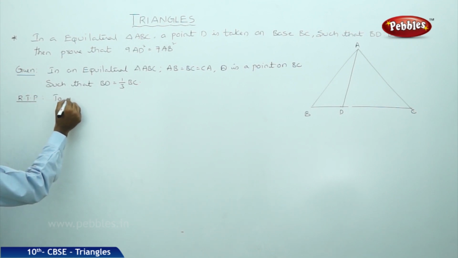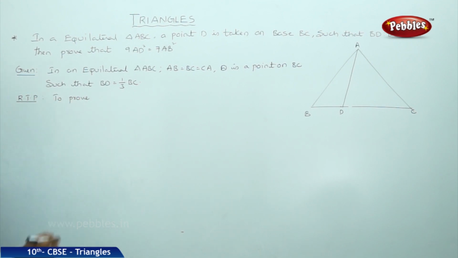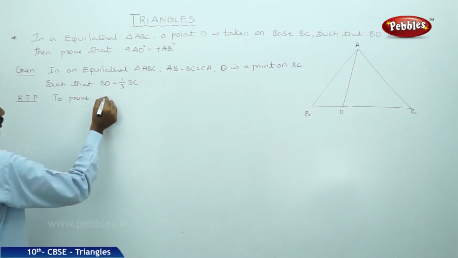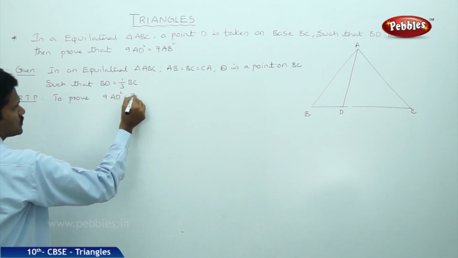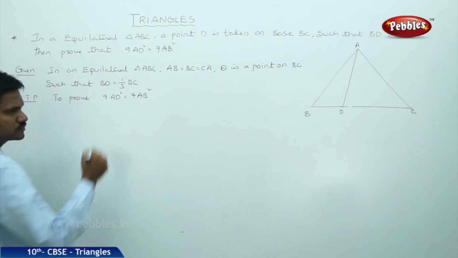To prove: 9AD square is equal to 7AB square.